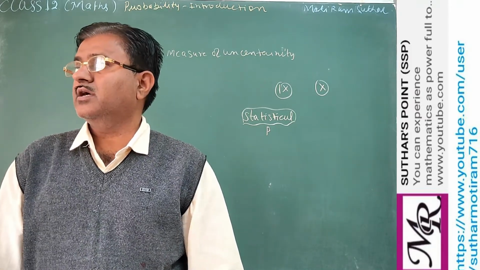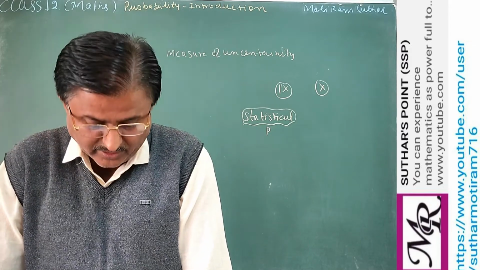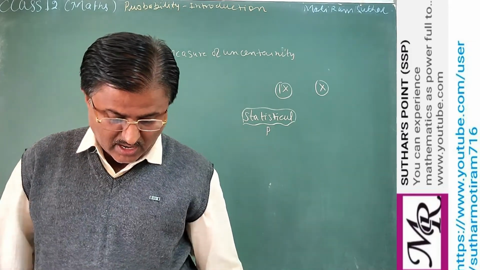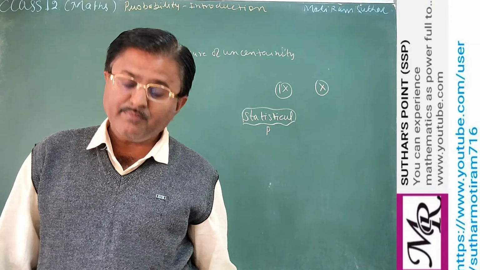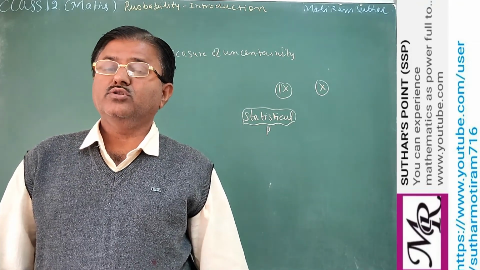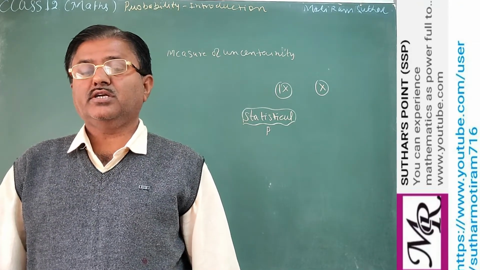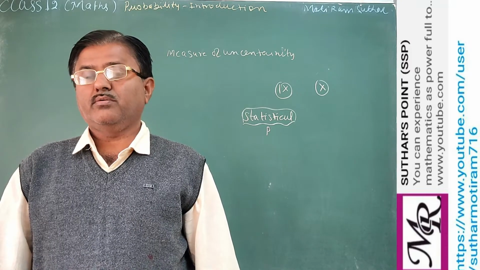Data are a collection given by some other person, and using the formula we have to find the probability. So that type of probability we call the statistical approach of the probability.